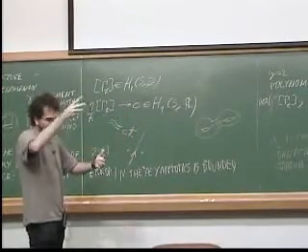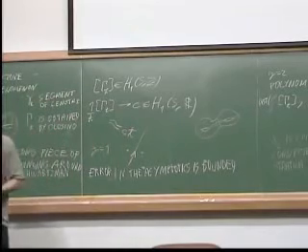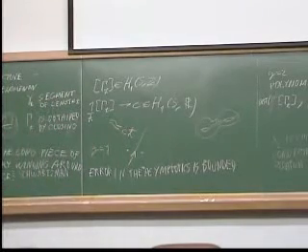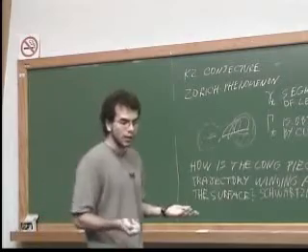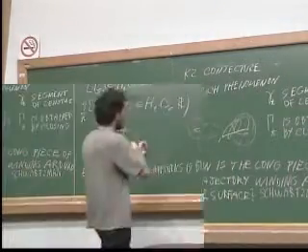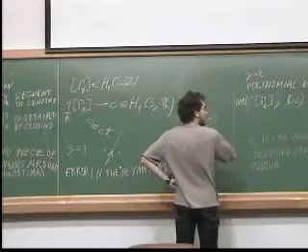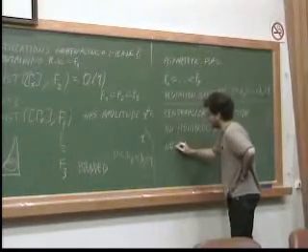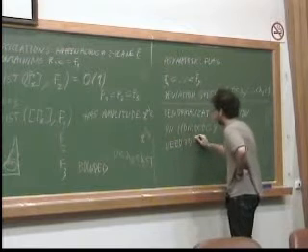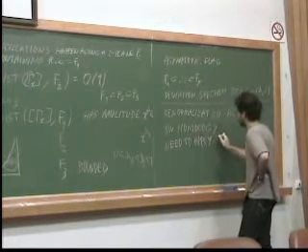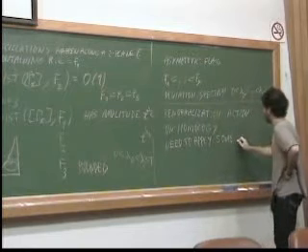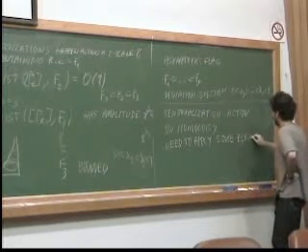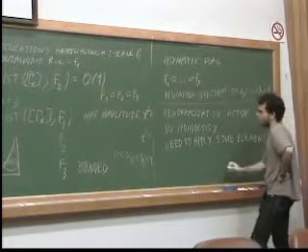But I know that if I apply some different marking of the surface, it will look just fine. So this different marking means, when I say look at a different marking, it means you need to apply some element of the mapping class group.